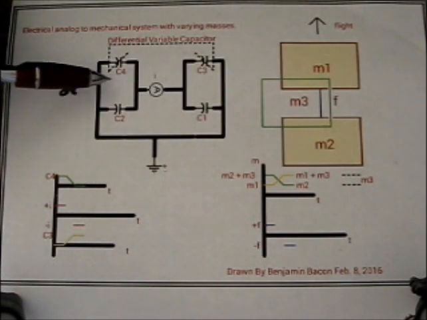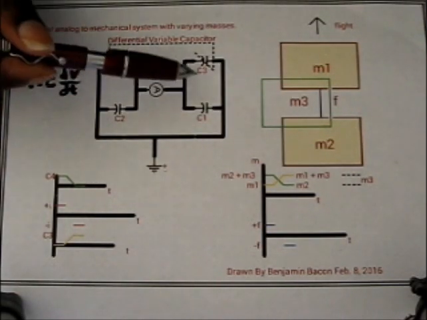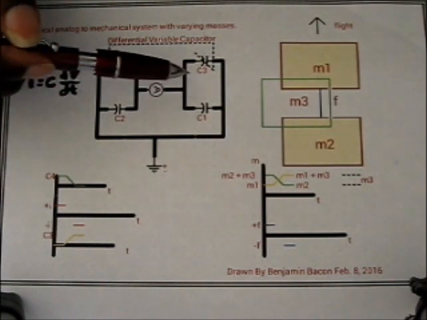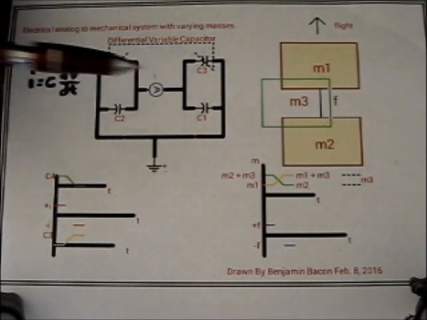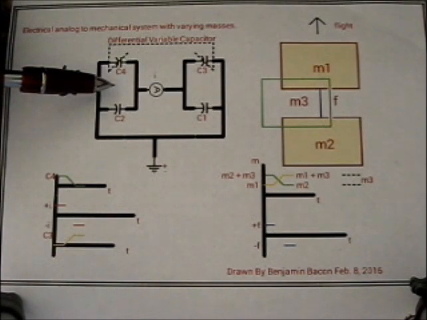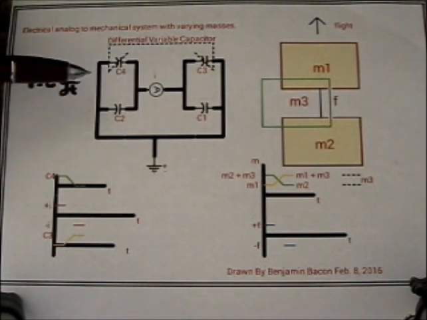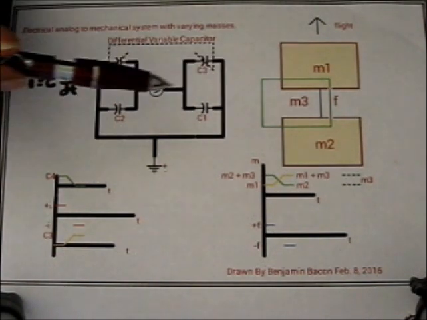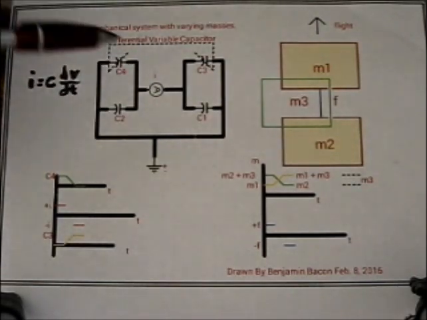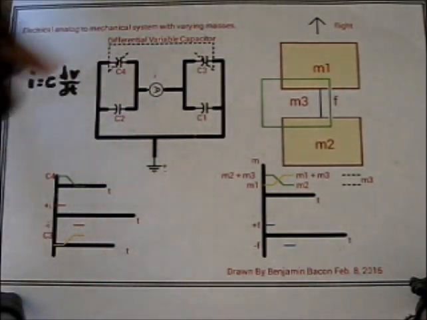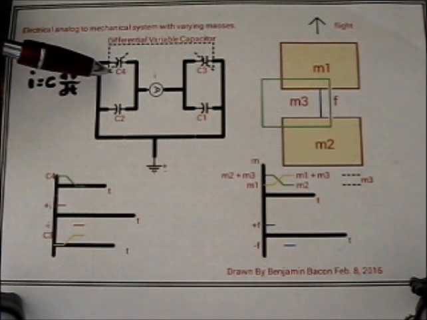We would get an acceleration on this one, a rate of change of voltage that is much higher than the rate of change of voltage over here, because this is a mutual force. So this would go positive voltage this way, negative voltage that way, or rate of change of voltage would be negative, going down.